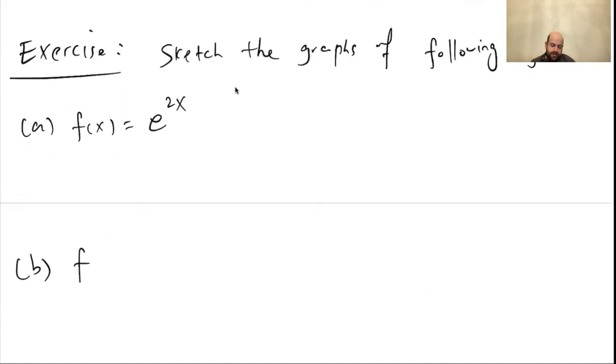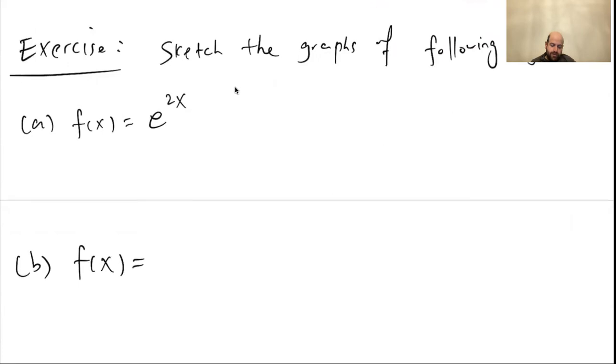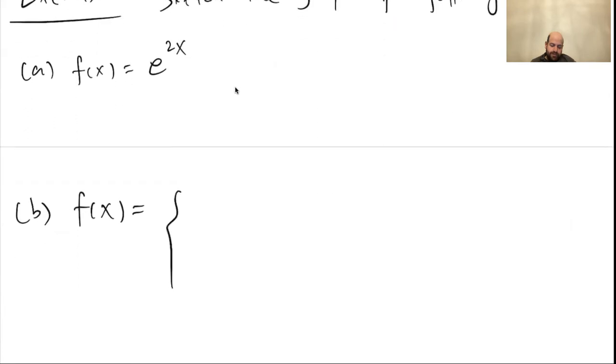Part B, f of x equals, let's say, e to power minus x if x is positive, e to power x if x is negative.